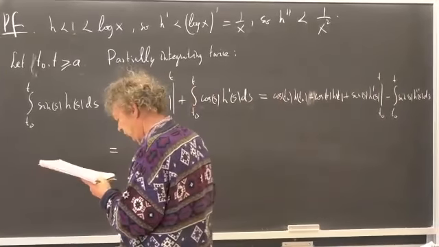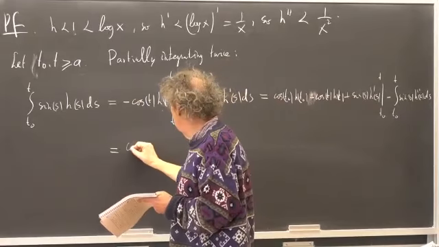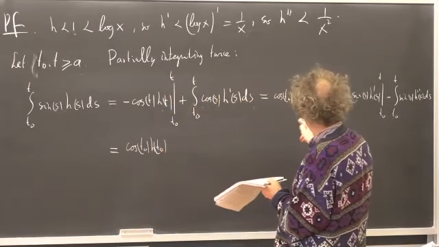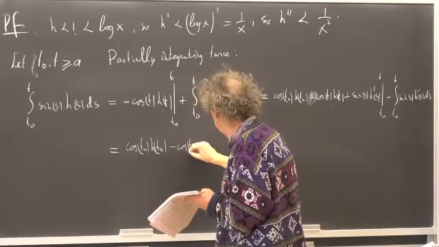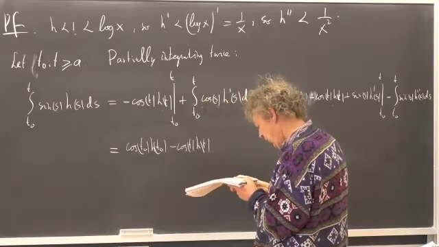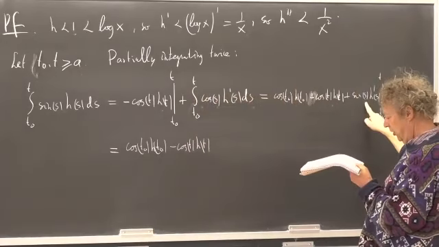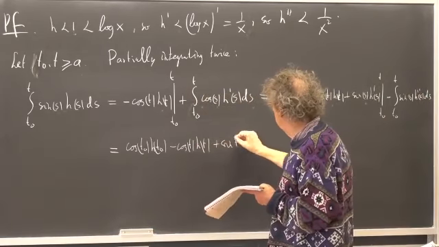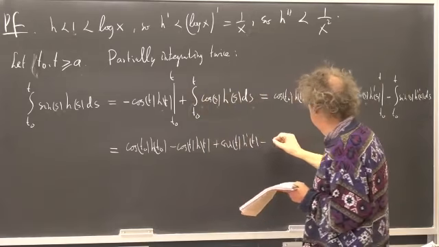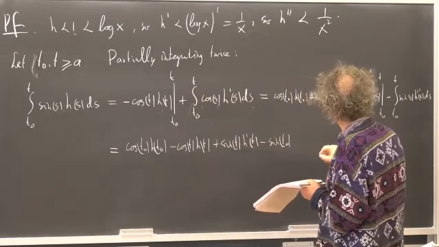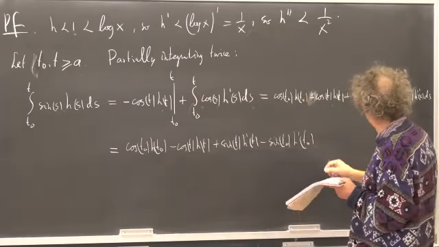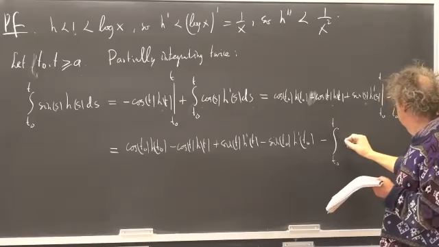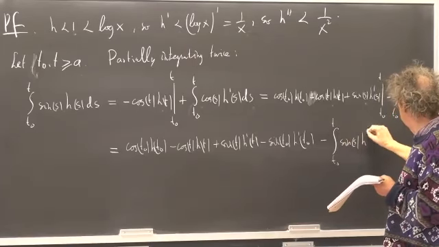Which is cosine t0 h(t0) minus cosine t h(t), and here we get sine t h prime(t) minus sine t0 h prime(t0), and then again this integral, minus the integral from t0 to t of sine s h double prime(s) ds.